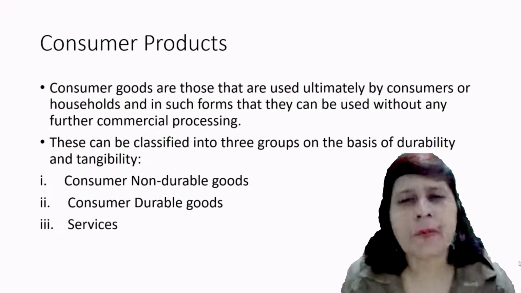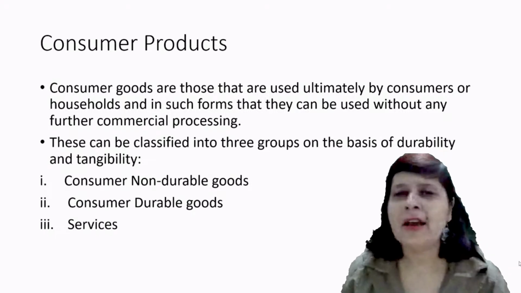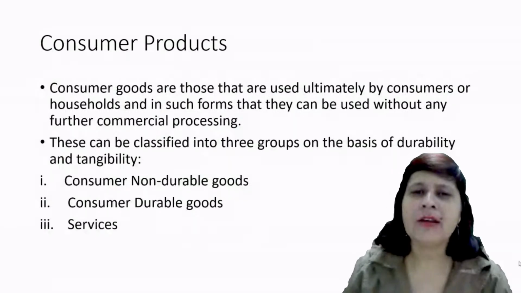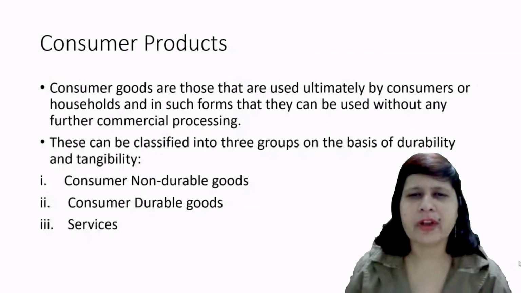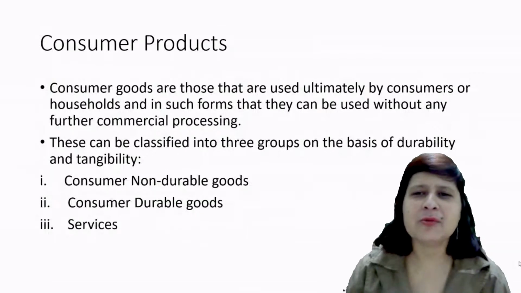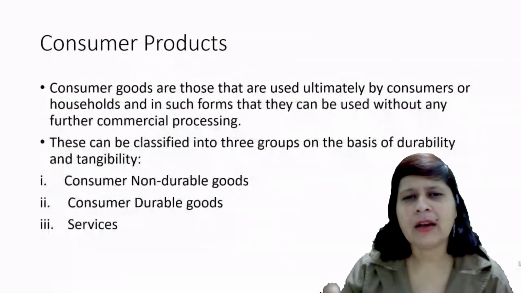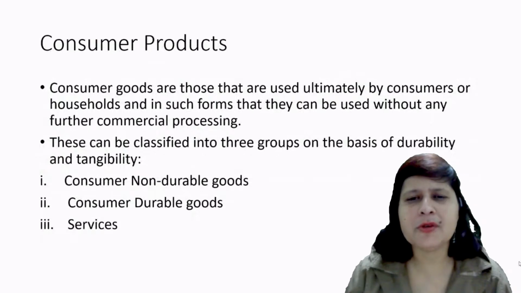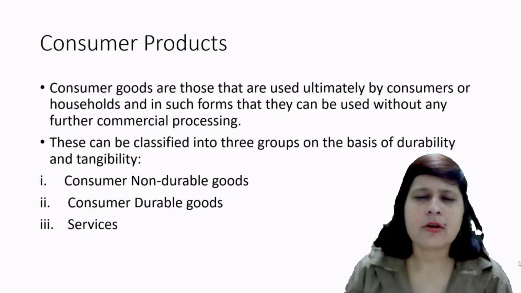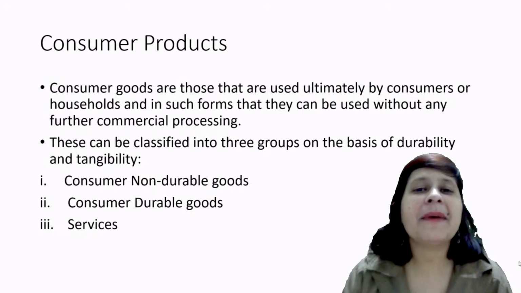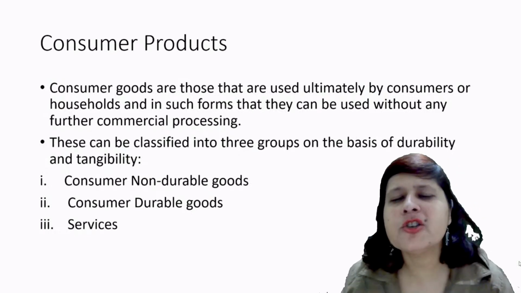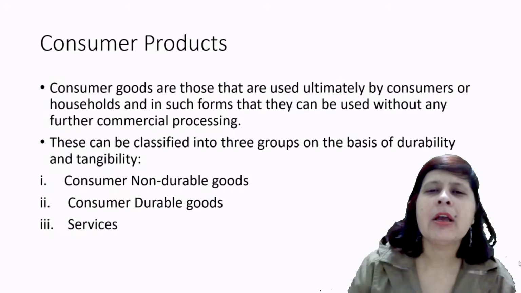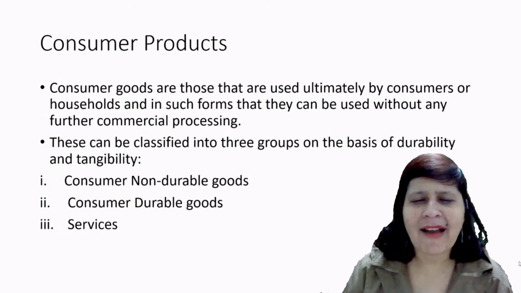Suppose a mosquito repellent is purchased by the mother, and she is not the direct consumer of that product, and the children could be the direct consumer because that mosquito repellent is used by the children in their room, right? Or suppose the mother buys toys for the children, so the children are the actual users or consumers of the product, but the mother is not the actual consumer.